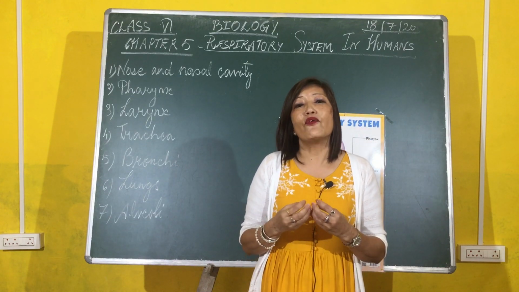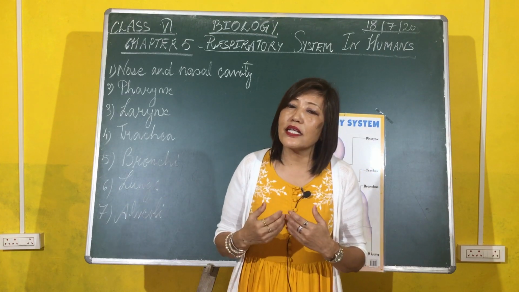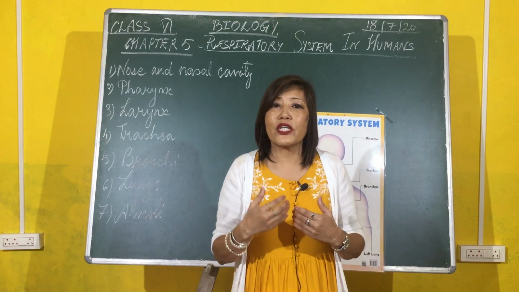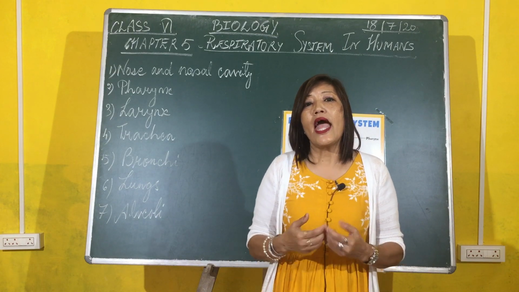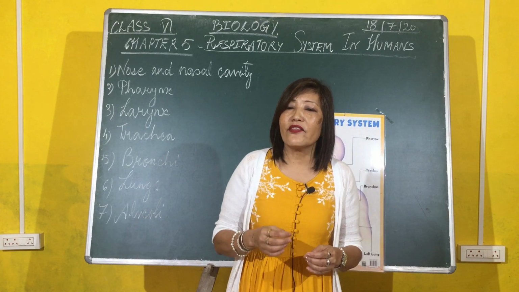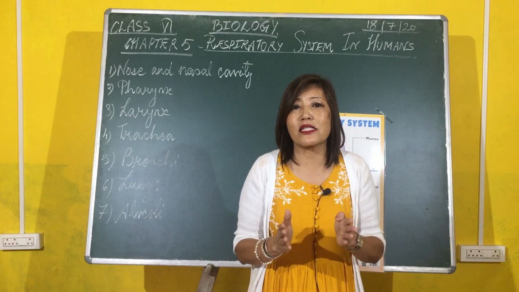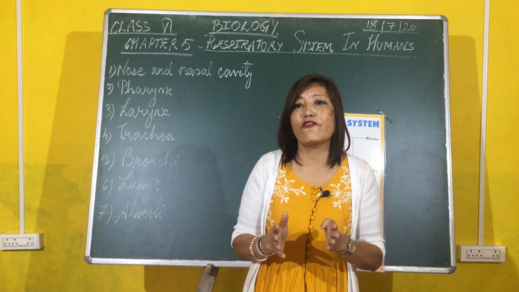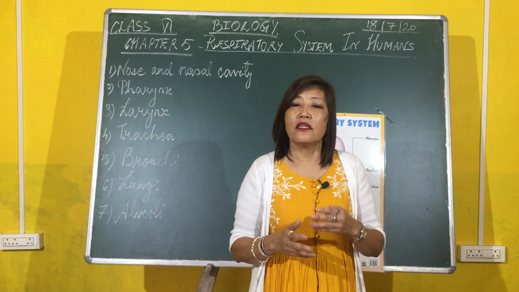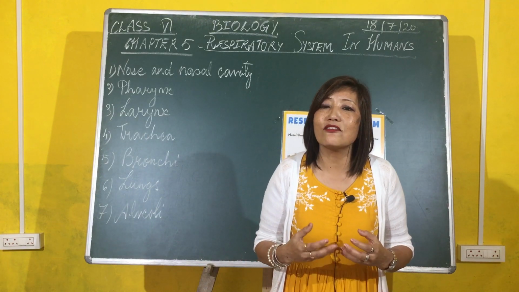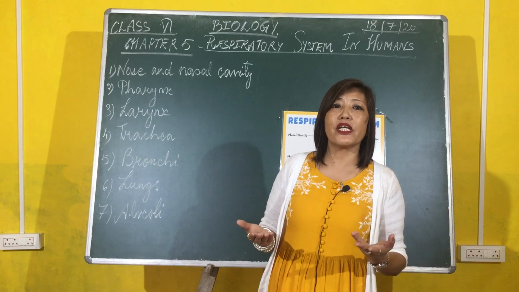Now, since our lungs are located in the chest, they are protected by the rib cage. And below the lungs there is a sheet of muscle called the diaphragm, and this diaphragm helps in breathing or external respiration. Now, you know what breathing is?